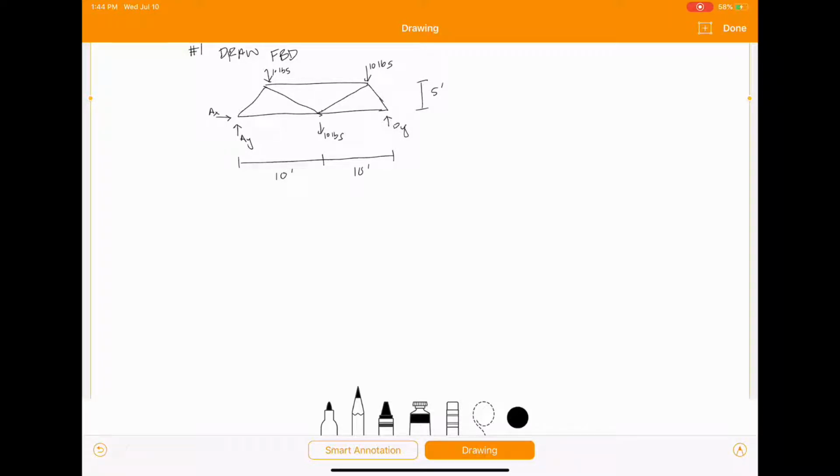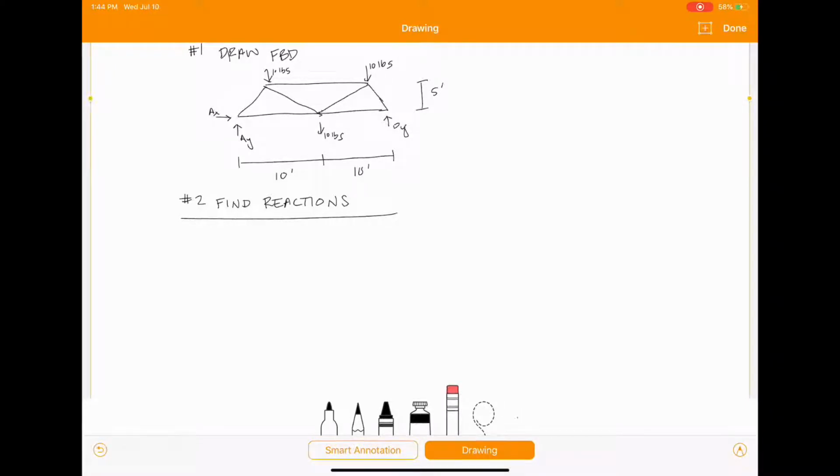All right, so once we have our free body diagram drawn, the next thing you always want to do is find the reactions. Now, to find the reactions, you're going to treat this truss just like you would a beam that we saw in equilibrium for a rigid body.